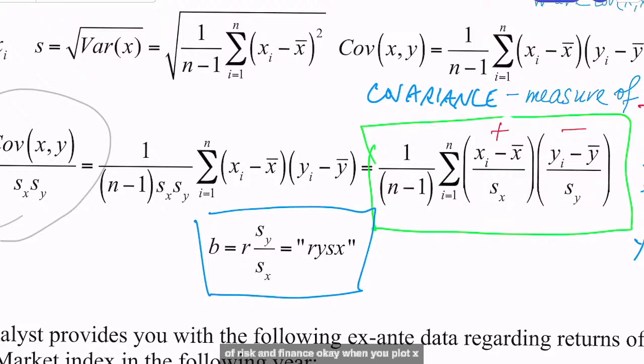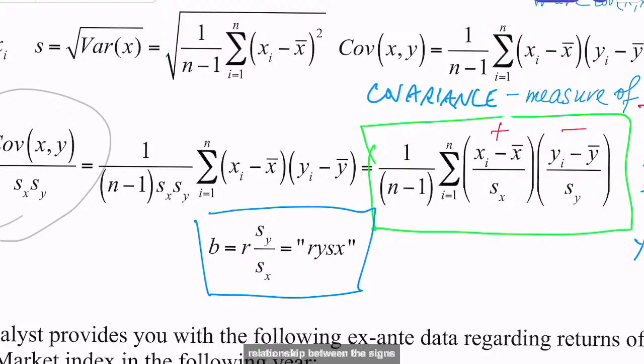When you plot X as the market returns and Y as some other stock returns or individual stock returns, B, the slope of that line, of the best fit line, is a measure of risk. So if R is positive, the slope is positive.